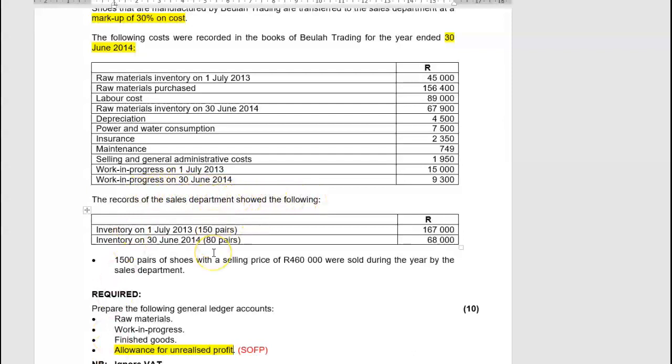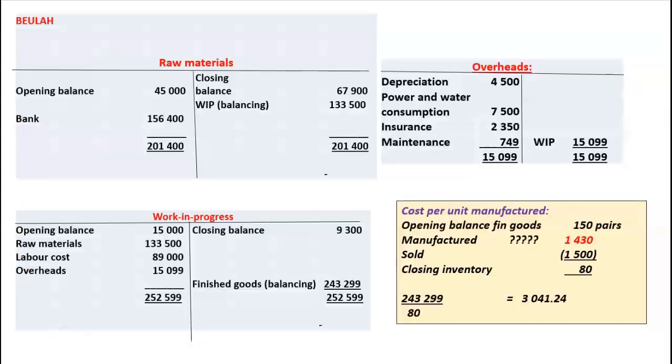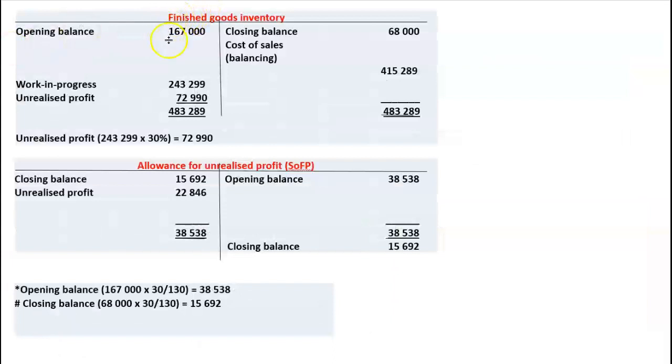Now, the sales department only works with finished goods. So this is my finished goods inventory. As at the beginning of the year, 167,000, and my closing finished goods inventory 68,000 at the end of the year. So finished goods, opening balance 167,000, closing balance 68,000.